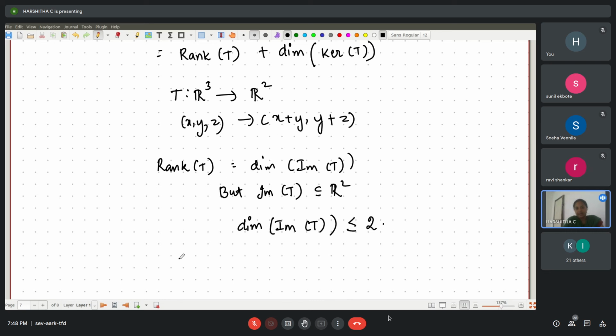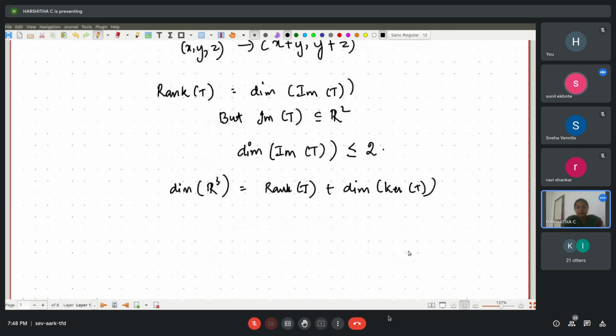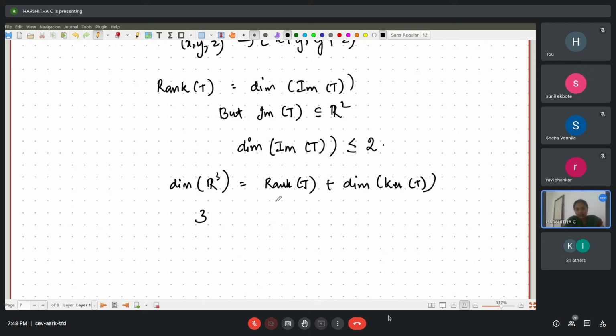Now you will apply your rank nullity theorem. Rank nullity says that dimension of your domain, which is R3, is equal to rank of T plus dimension of kernel T. So this is 3.